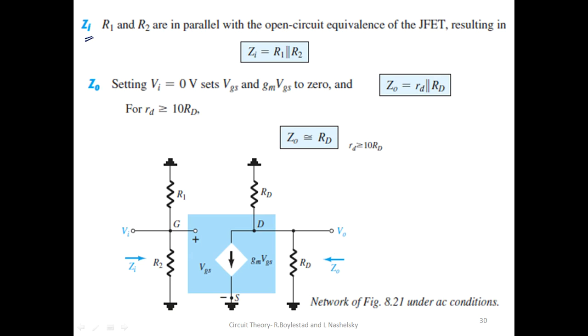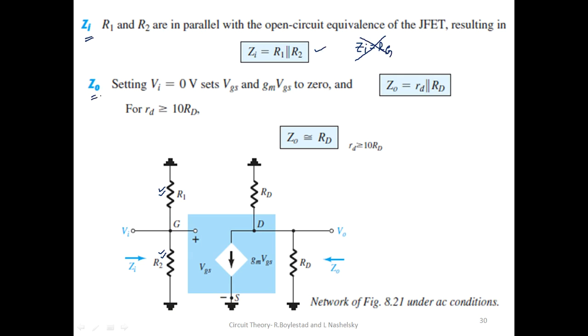So what's the expression for Zi? R1 parallel to R2. Input impedance is given as R1 parallel to R2. In the other two configurations, Zi was equal to RG, right? However, here we have two resistors, so it is R1 parallel to R2.